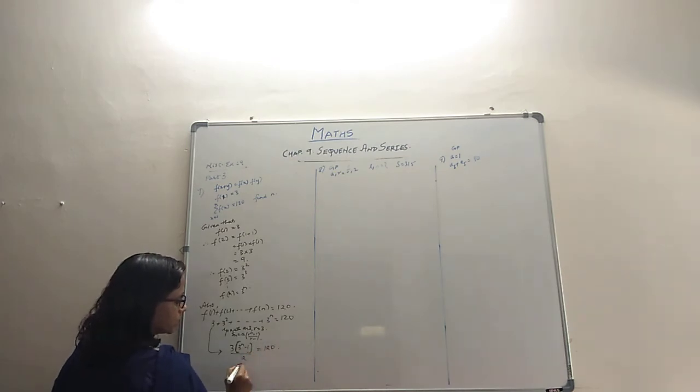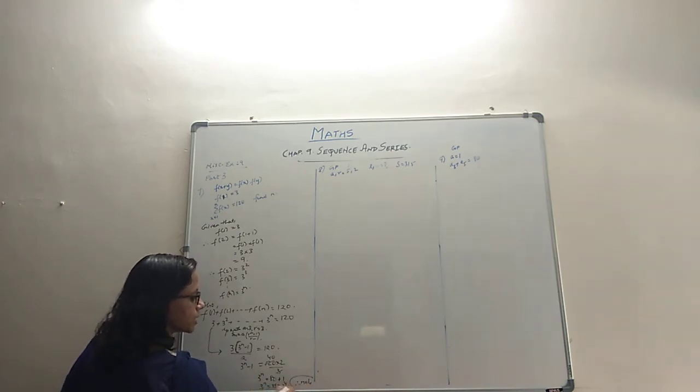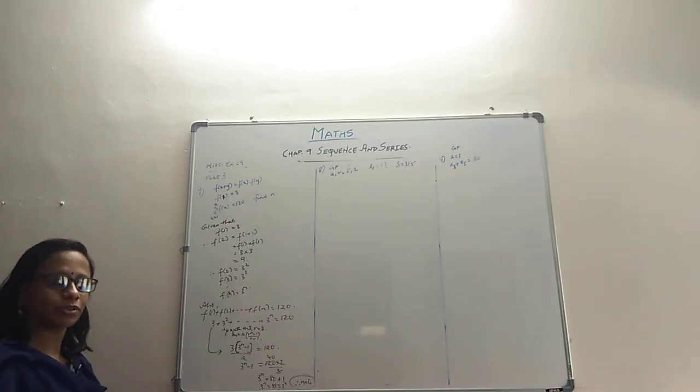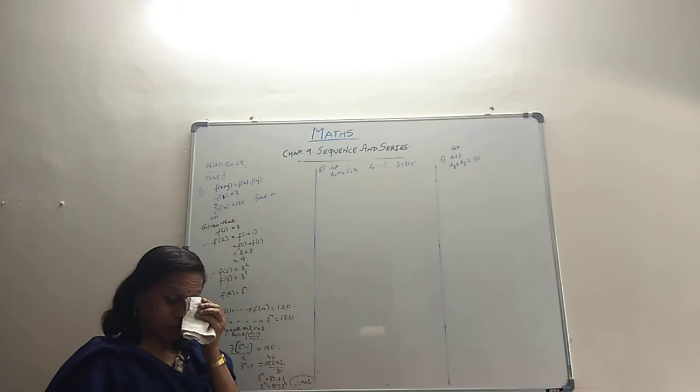How do we work it? 3 raised to n minus 1, let the 2 and 3 go on the other side. So how much is it coming? 80. 3 raised to n, when it goes there, is 81, which is also 3 raised to 4. Bases are same, you can compare the exponents and you'll come to n equal to 4. So our value works out as n equal to 4.